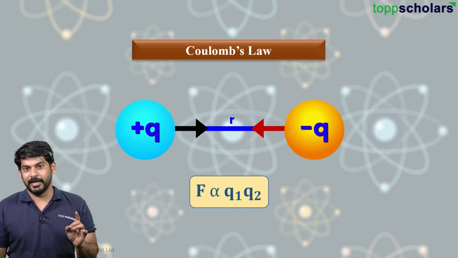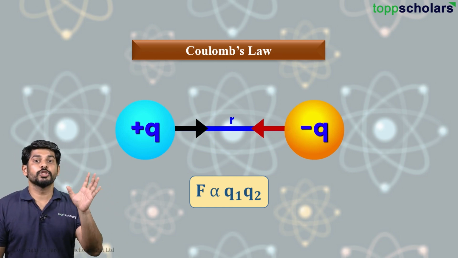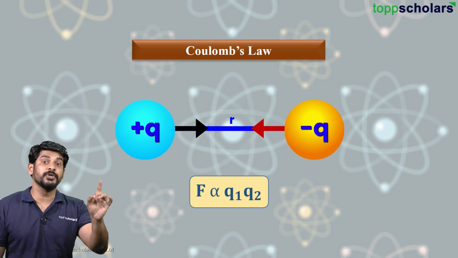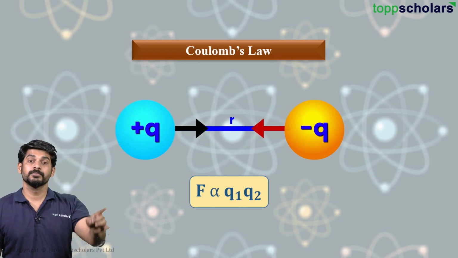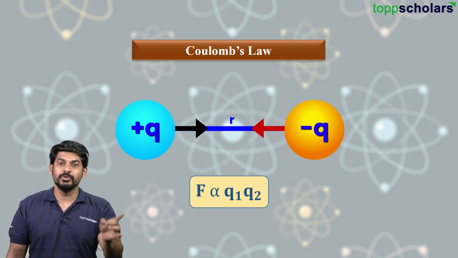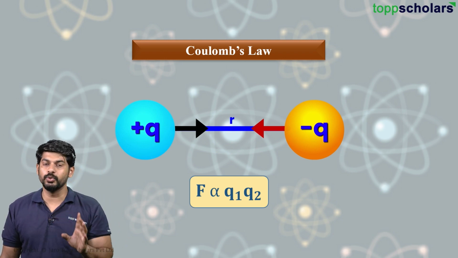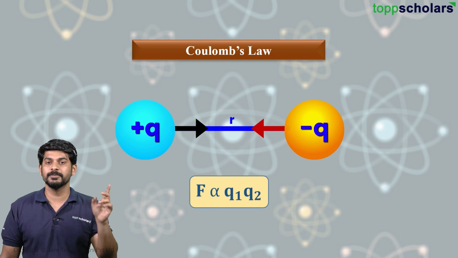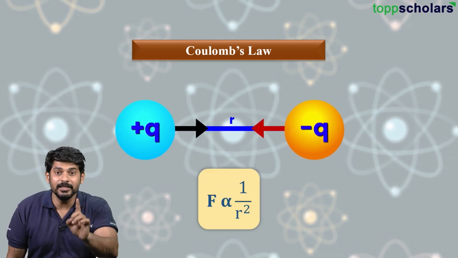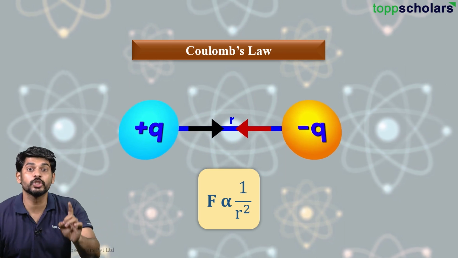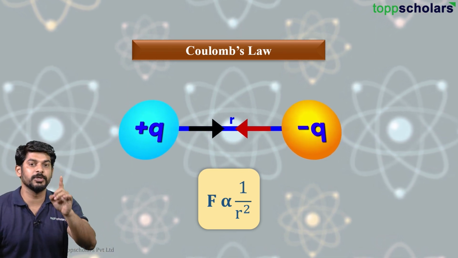He says that the electrostatic force of attraction or repulsion between two charges is directly proportional to the product of the magnitudes of the two charges, Q1 and Q2, and inversely proportional to the square of the distance between them.